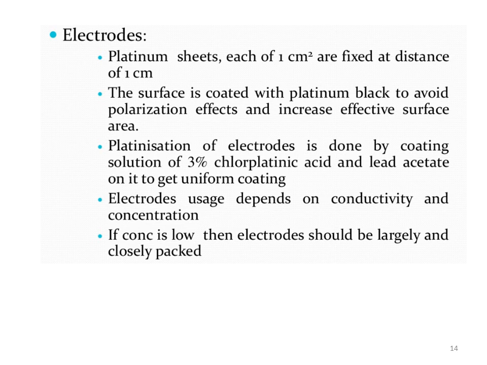So the first point of electrodes is that they are made of platinum sheets. Each of the electrodes, cathode and anode, has an area of 1 centimeter square and is fixed at a distance of 1 centimeter, meaning they have length 1 centimeter and width 1 centimeter.